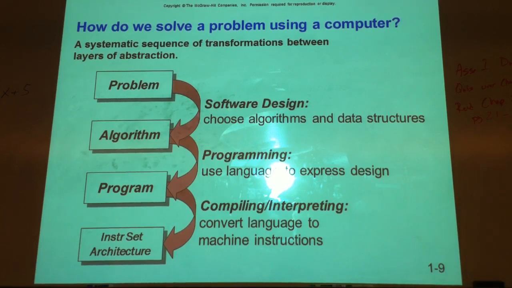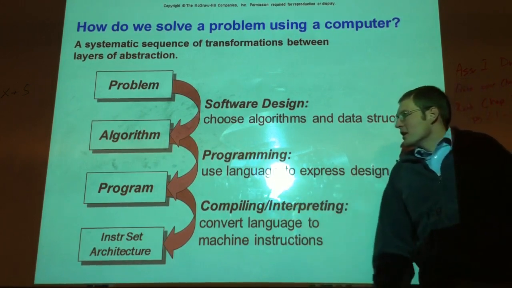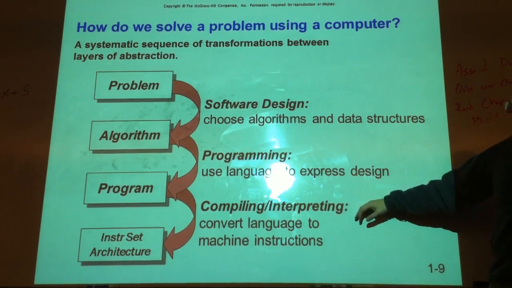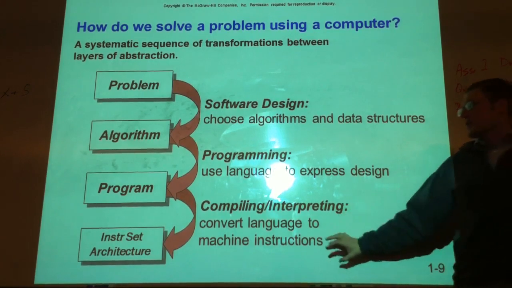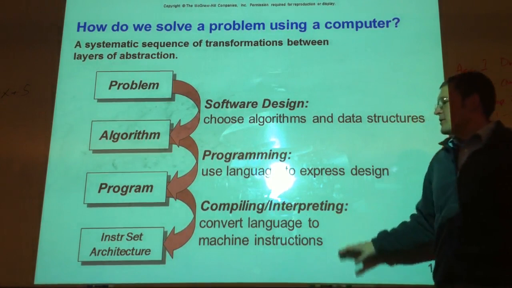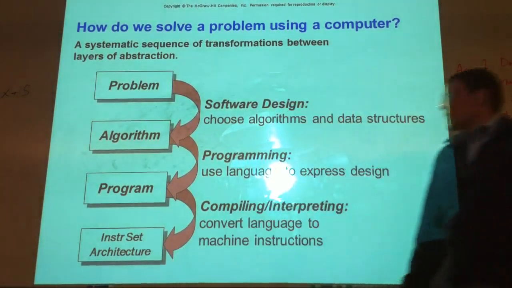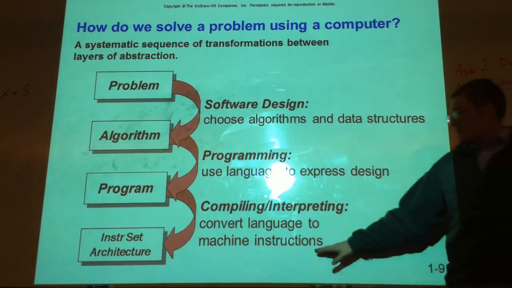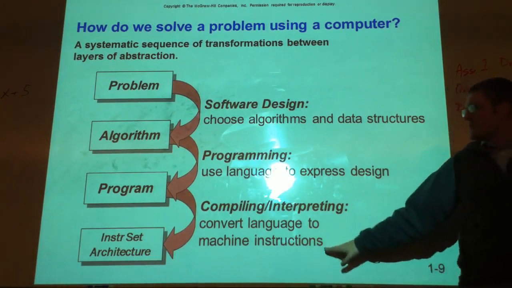This is where we can say, hey, you've got C, C++, Java, Python, Ada, Fortran, tons and tons of options that we could use for solving a program. And then those languages get compiled down into instruction set architecture, or an ISA.